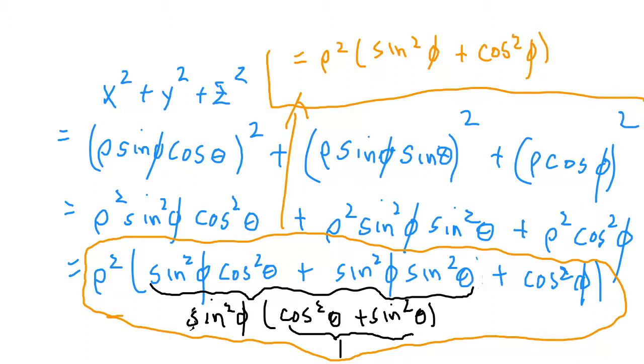But that just equals rho squared times 1. I mean, phi is an angle, right? And so x squared plus y squared plus z squared equals rho squared. All right, and we showed that. Pretty cool, huh? Pretty cool.